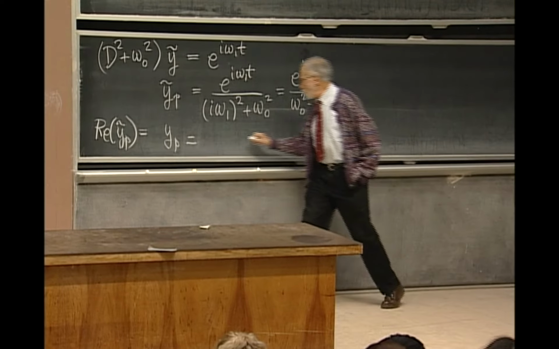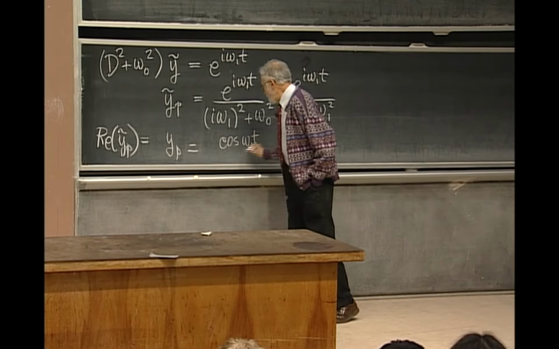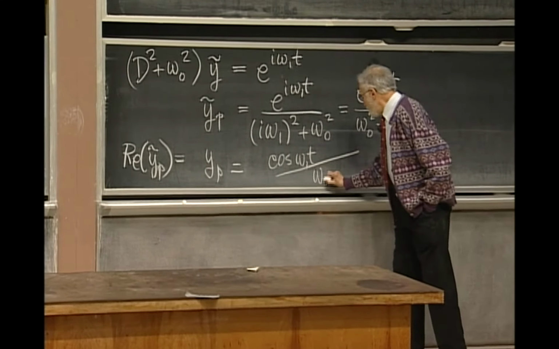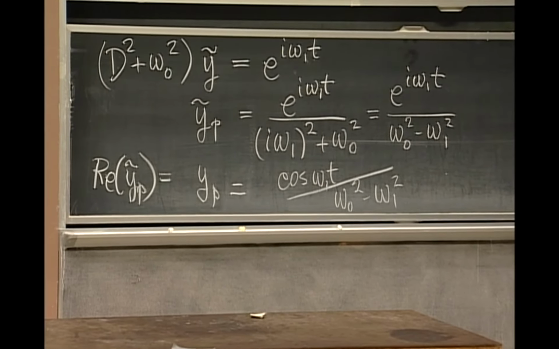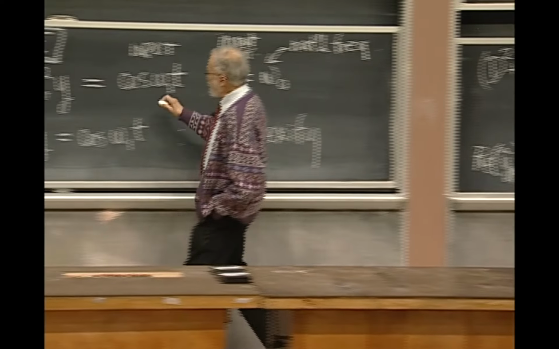So it's simply going to be cosine omega 1 t, that's the top, divided by omega naught squared minus omega 1 squared. In other words, that's the response. This is the input, and that's what came out.